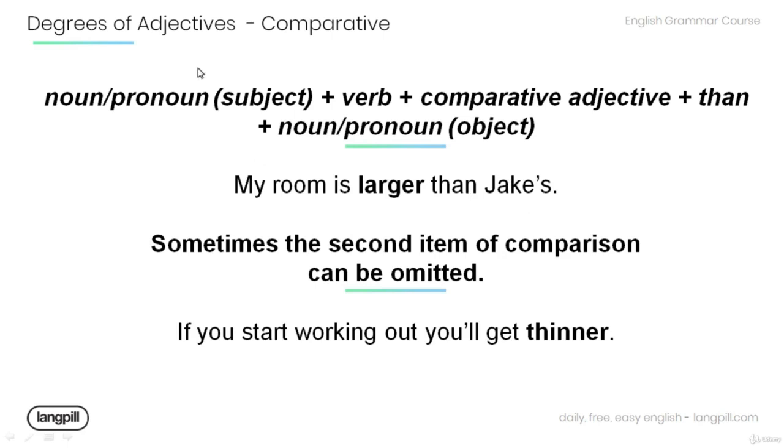My room, being the subject, is, verb, larger, comparative adjective, than Jake's, the object. Remember that sometimes the second item of comparison can be omitted, as in the example below. If you start working out, you'll get thinner. No second item in the sentence.